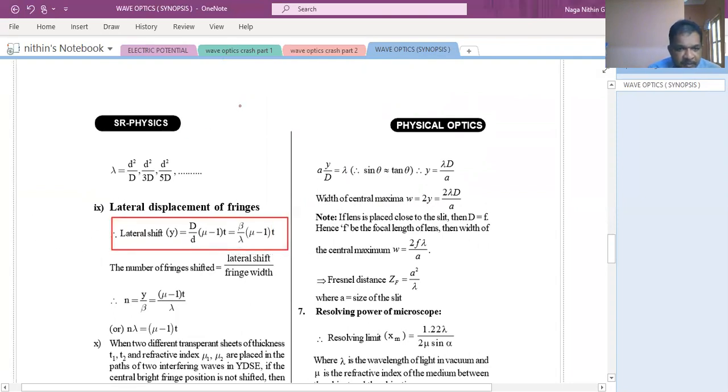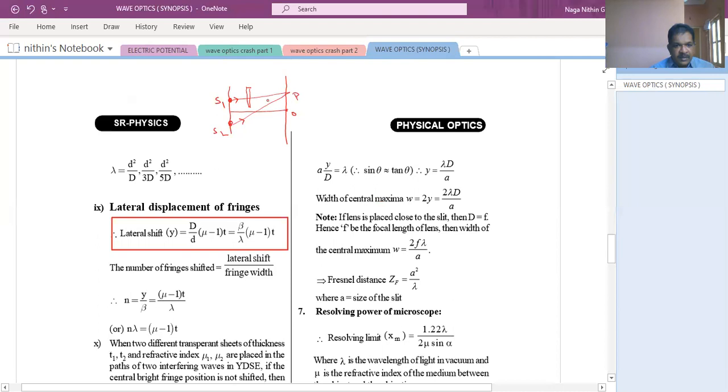In Young's double slit experiment, what will happen? Here, two slits are there. Here, the screen is there. This is the point O. These two waves coming from S1 and S2 are interfering at a point P. In this path, from the light coming from the upper slit, I kept one glass plate.